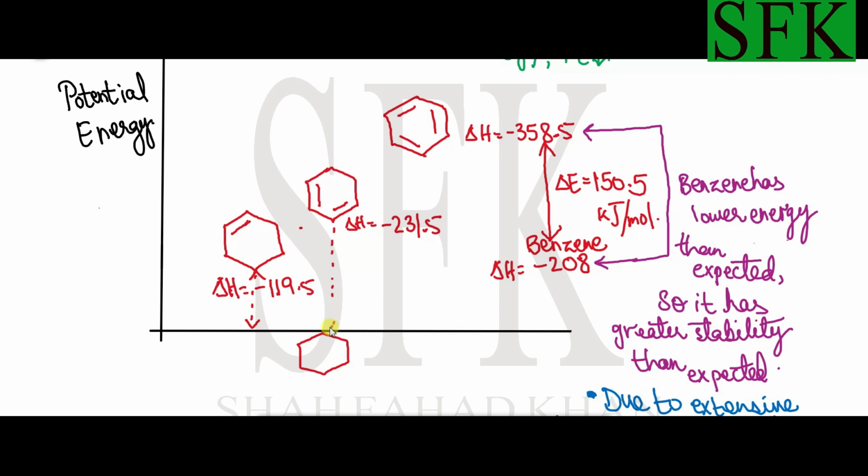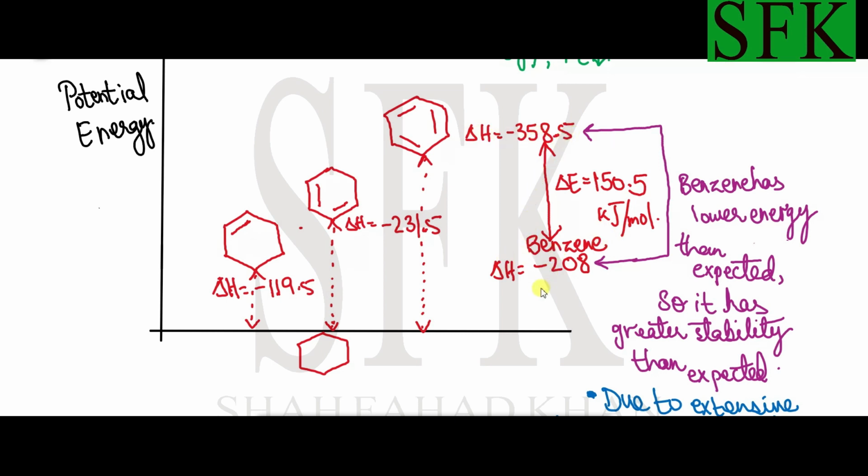Then, when cyclohexadiene got converted into cyclohexane, the difference in energy came out to be minus 231.5 kilojoules. And when benzene, basically the Kekulé structure of benzene, got converted into cyclohexane, the expected enthalpy change was minus 358.5.